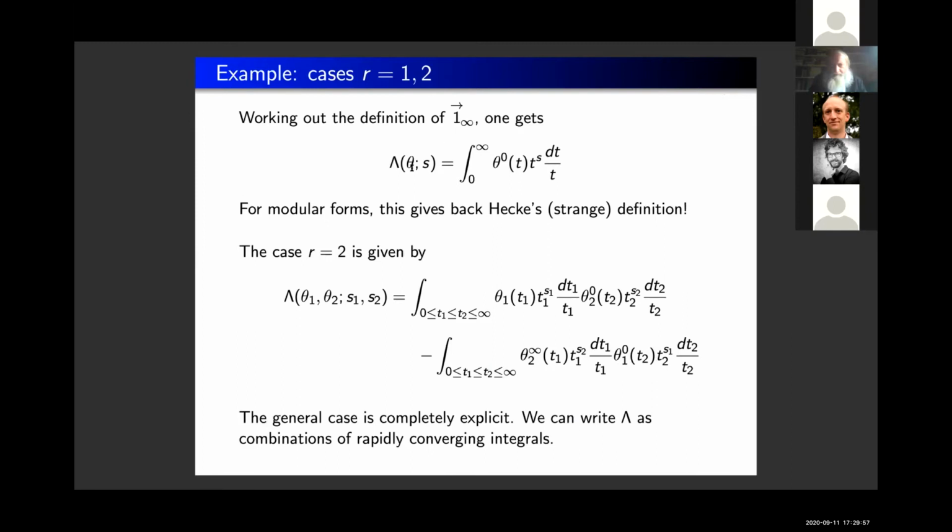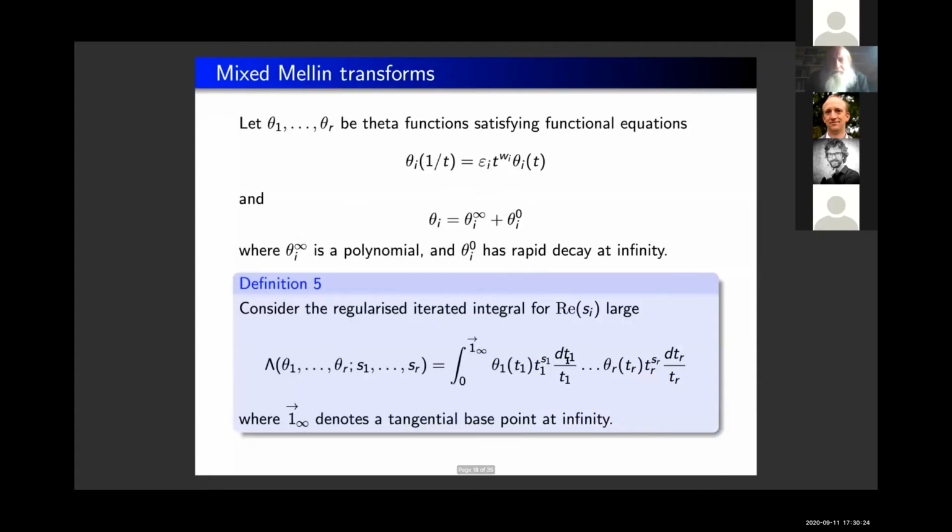So in the case of a single function, this regularization at infinity means that you just throw away the infinite divergent part. You just keep the exponentially decaying piece, and you integrate that from 0 to infinity, and that gives you back Hecke's original definition of the L function. And I've written here that it's strange. The reason it's strange is because if you go back to this formula, in the case R is 1, it's completely obvious that the functional equation of theta is equivalent to the functional equation of lambda, if you know something about tangential base points.